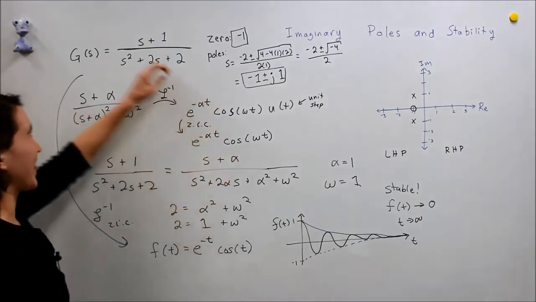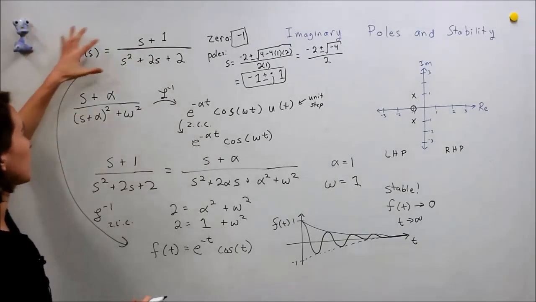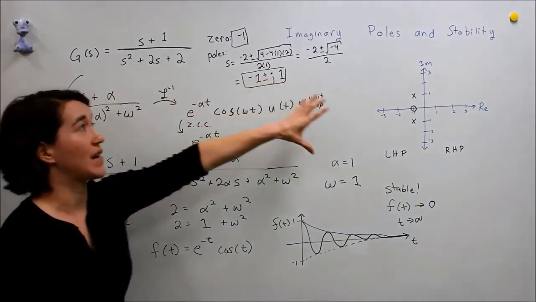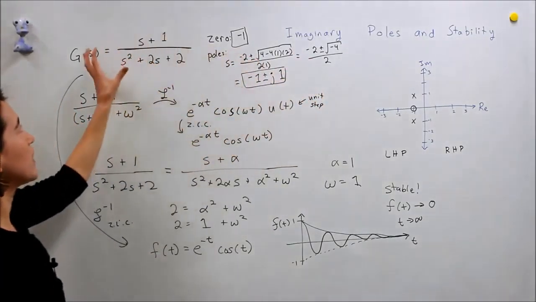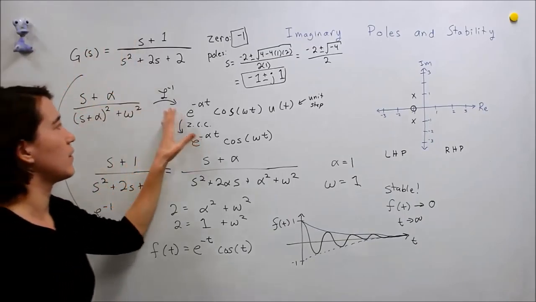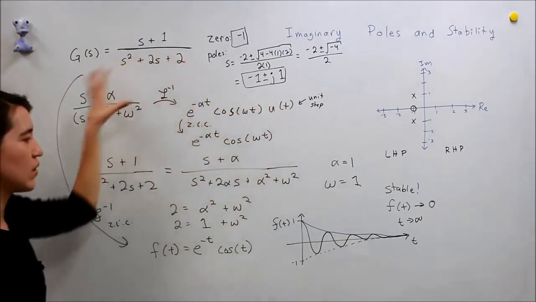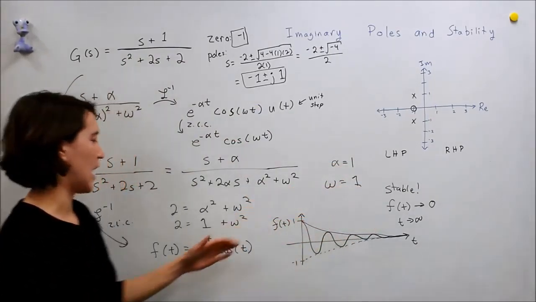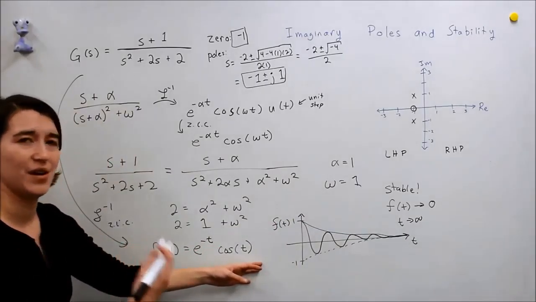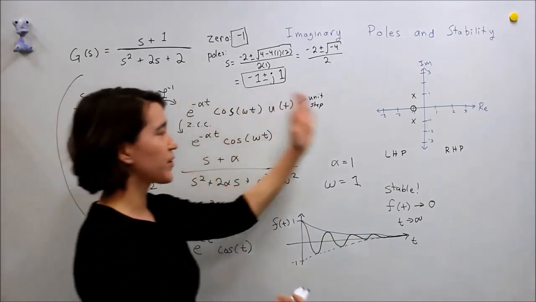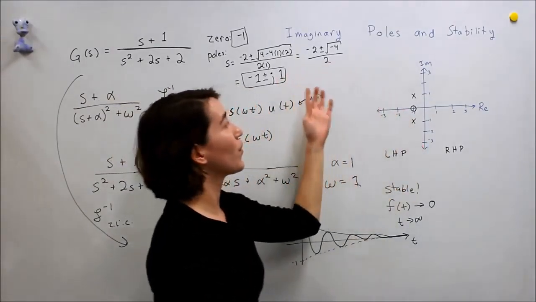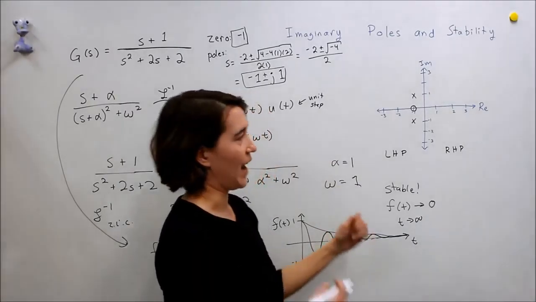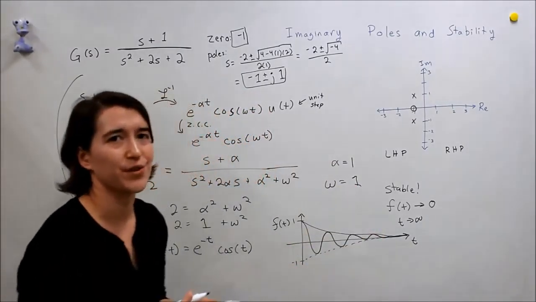I'll caveat this with the fact that I chose a very nice system to put us directly into this form, but if you have any system with imaginary poles, you can put it into this form or a combination of cosine and sines, and then you can do the same process and go into an exponential decay times some sort of oscillating function. So short story is, if you can find the poles and they're all in the left half plane, then you can say that the system is stable. And we'll be using that in the future to analyze our system.